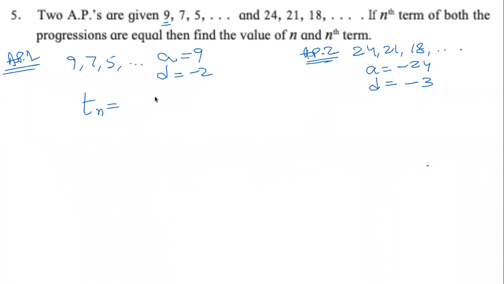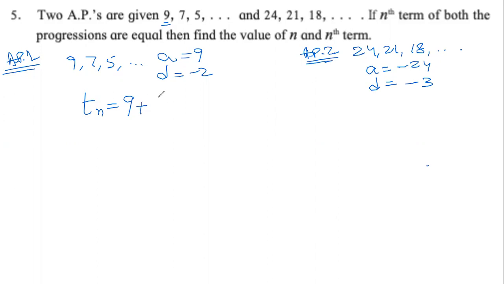Using the simple formula Tn equals A plus n minus 1 D, what can we write for the first AP? Tn will be how much? What is A? 9. Okay. Then plus. Correct.